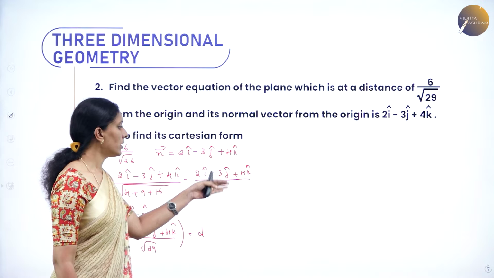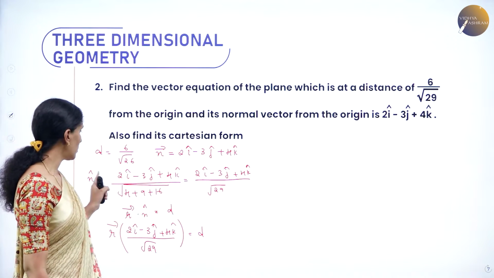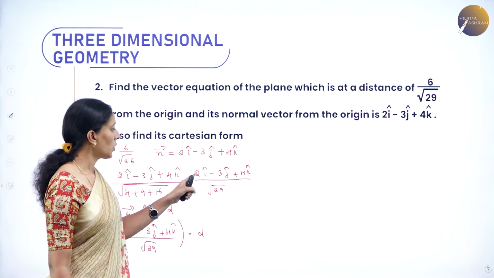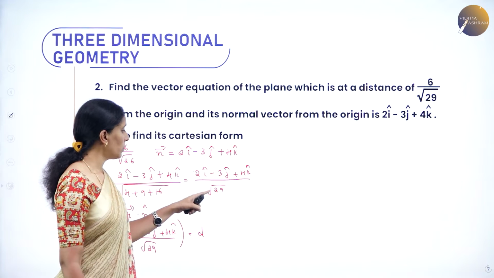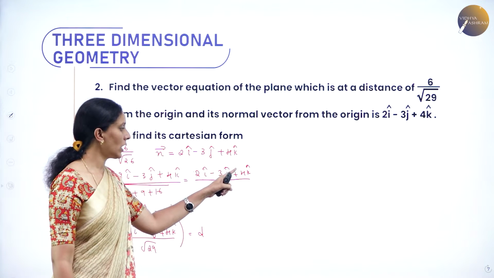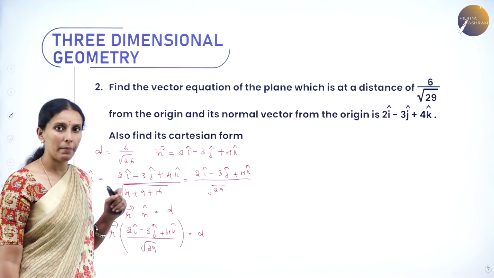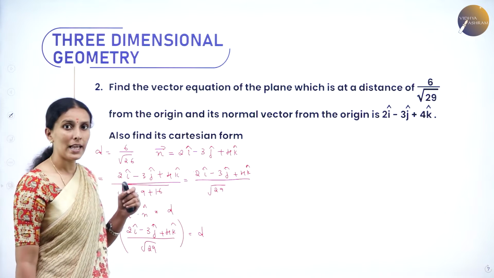Now we can write the Cartesian form, since we know the direction cosines of the unit vector. The direction cosines are nothing but the coefficients of the components: 2 by root 29, minus 3 by root 29 and 4 by root 29 are l, m, n, and we know the vector r as x, y, z.